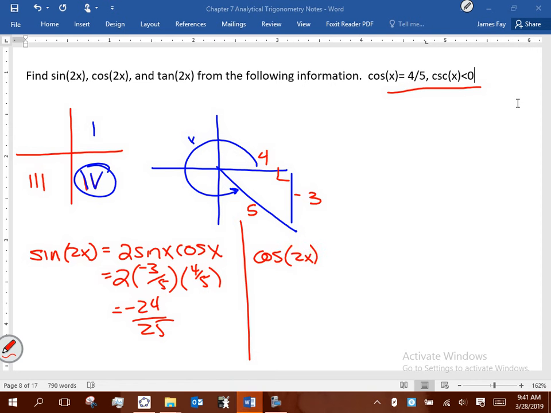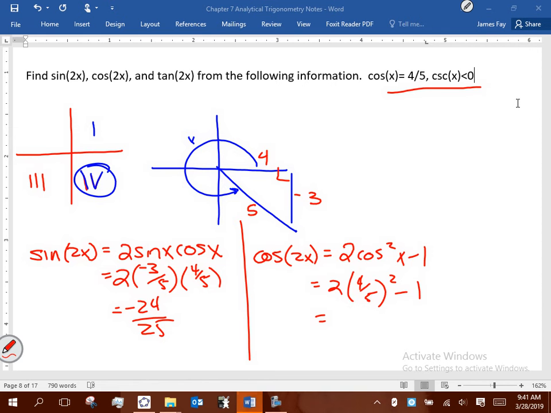Okay. Let's do cosine of 2x. Again, it doesn't matter which formula you use. Because we know cosine, let's use that one. So cosine is 4/5, right? So we get 2 times 4/5 squared minus 1. 4/5 squared is 16/25.